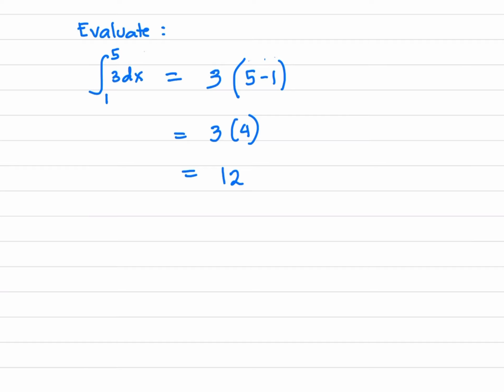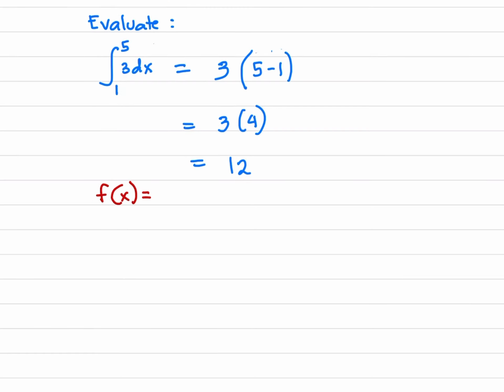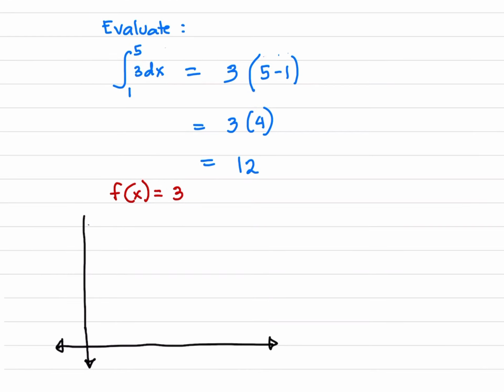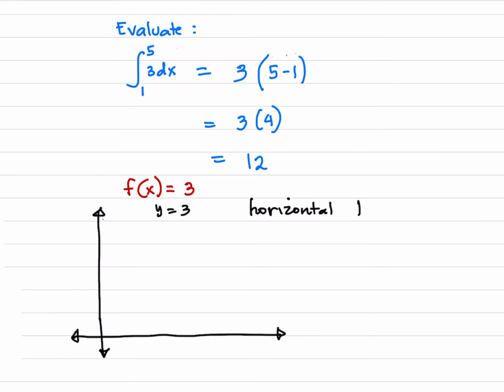Now we can verify this by graphing the function. In our given, the function is f of x is equal to 3. Let me graph this on the Cartesian plane. What is the graph of f of x is equal to 3? This is a constant function. F of x is equal to 3, or y is equal to 3, is a horizontal line that passes through the point 0, 3.